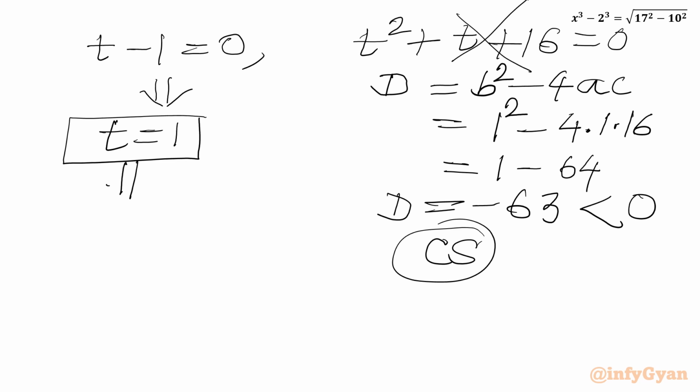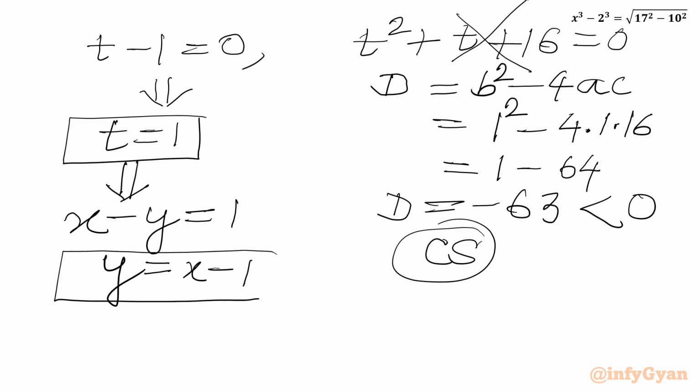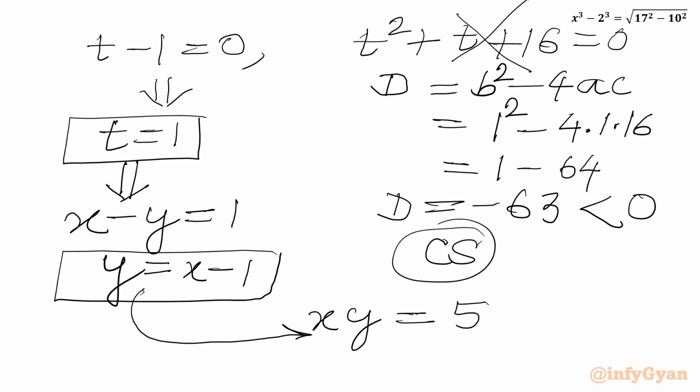Now from this equation I can say t was our substitution, so we can write x minus y equal to 1. So I can calculate the value of y. y will be equal to x minus 1. And our second equation was xy equal to 5. So I can put this y value here.